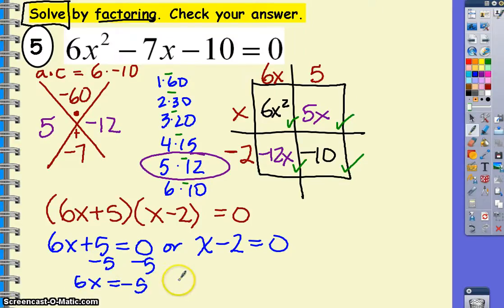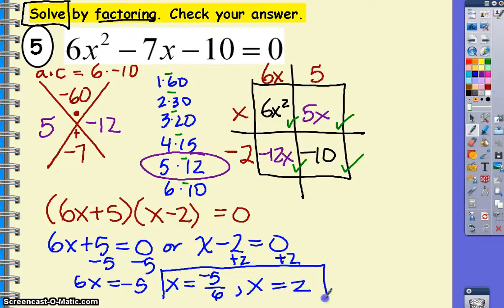Then we divide, and from this equation we get x equals negative 5 over 6. From this equation we 0 pair, we add the 2, and so x is also 2. So our two answers are x is negative 5 over 6, or x is positive 2. Make sure that looks like a 2.